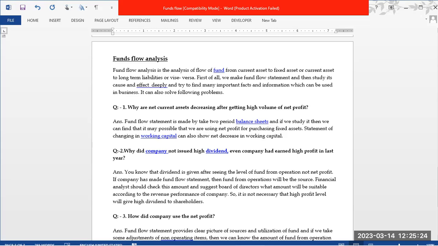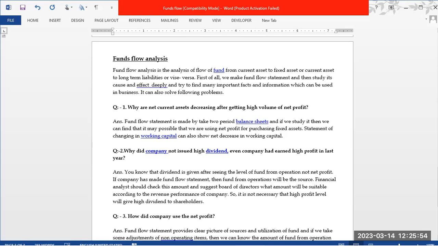It can also solve the following problems. Number one, why are the current assets decreasing after getting a high volume of net profit? The answer is, the fund flow statement is made by taking two-period balance sheets.